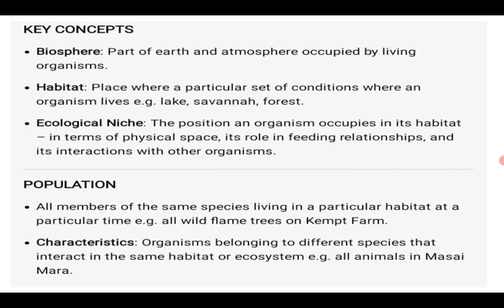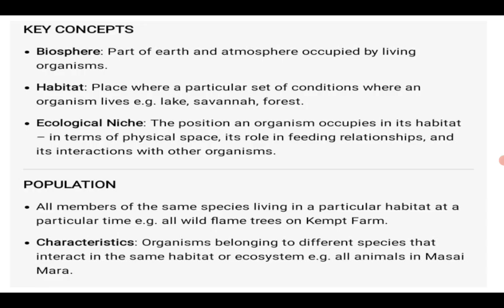You could look at a niche as just the profession of the organism, what it does for survival, its contribution to the ecosystem, what it's doing there. Whether it's a producer, like plants, the niche of plants is producers, making food through photosynthesis.